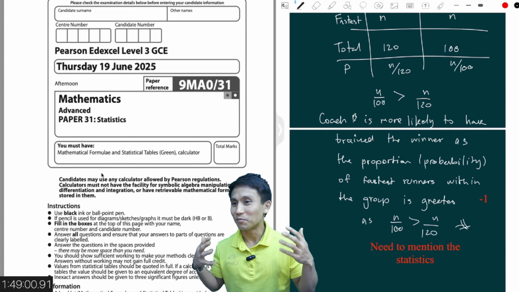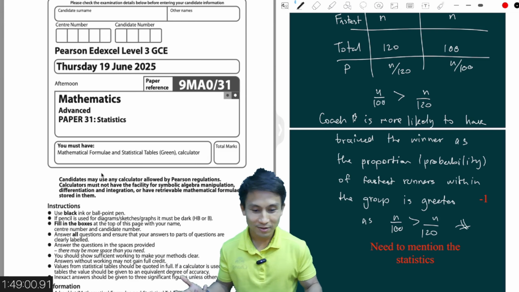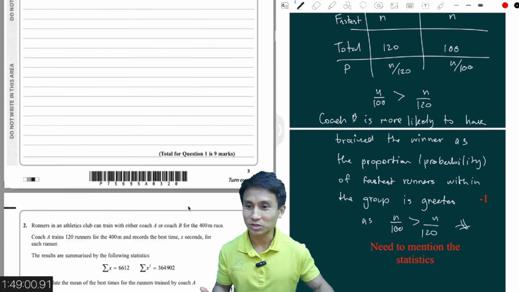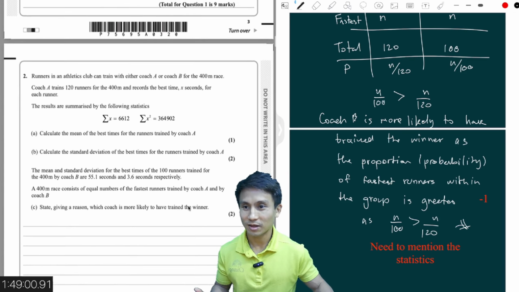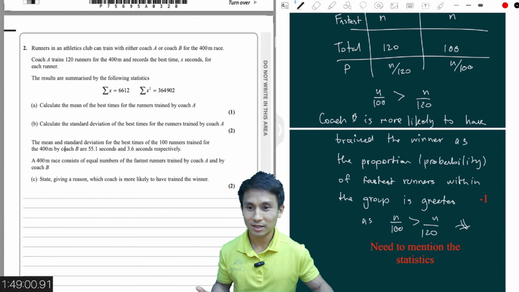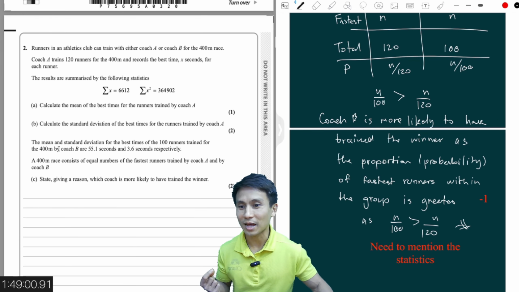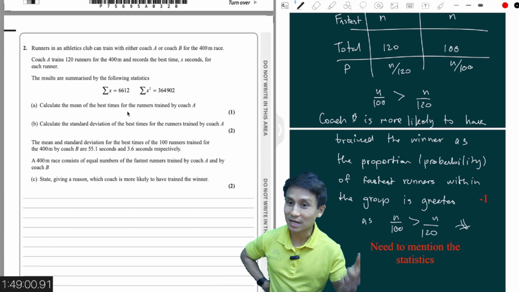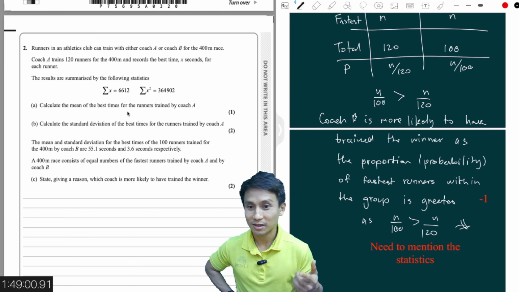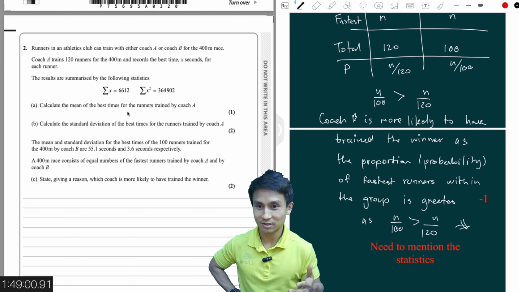This is misunderstanding, okay? So in this question, this is 2C. They give you that the other coach also has the mean of 55.1, which is the same as coach A, but the standard deviation is different.